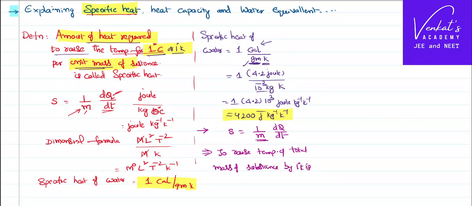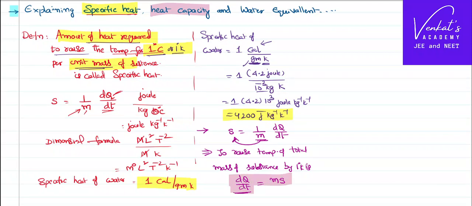As I want the total mass, I have to take this mass to the other side. dq by dt becomes mass into specific heat. This dq by dt is called heat capacity. So I can define heat capacity now.